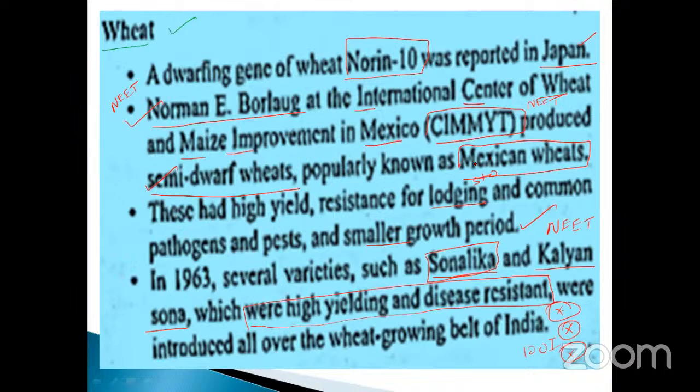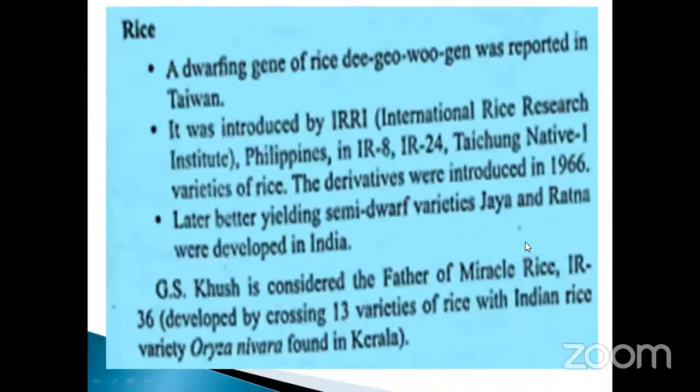They may ask whether it looks semi-dwarf, dwarf or tall, the properties of the wheat. Semi-dwarf. Which year? All those things are very, very important. Sonalika is which type of variety? Whether it may be a dwarf variety, semi-dwarf variety, tall variety or very tall variety, like that they may ask questions. So this is very, very important. Don't forget, my dear, go through it.